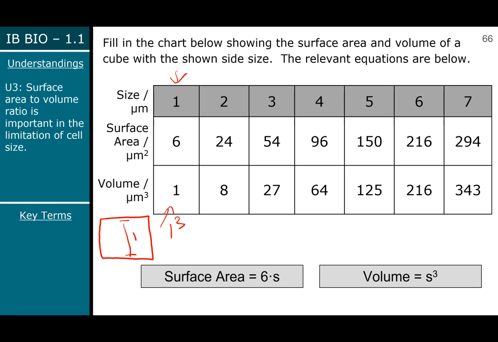Okay, so for 2, surface area is going to be 24, right? Why is that? How come it's not just 8 or 12? Hold on. Let's do this again.